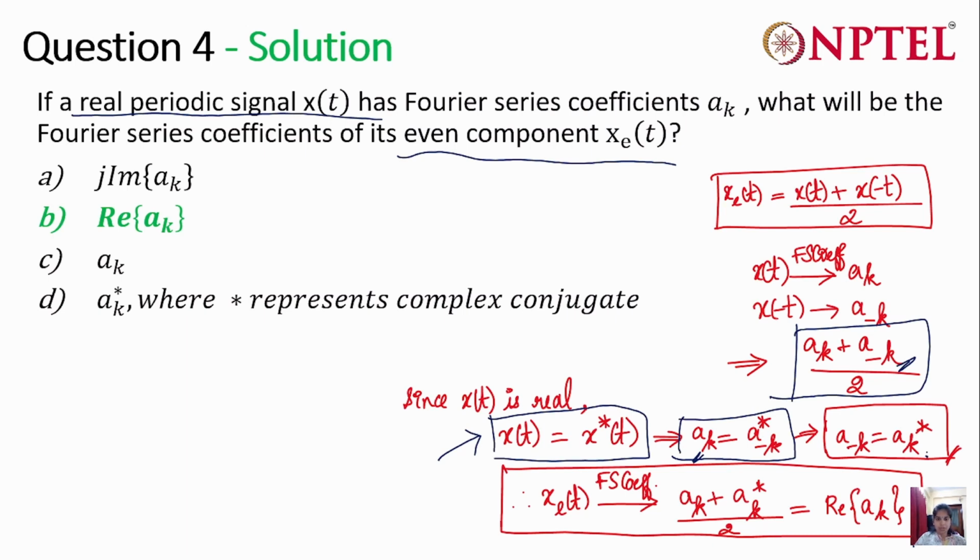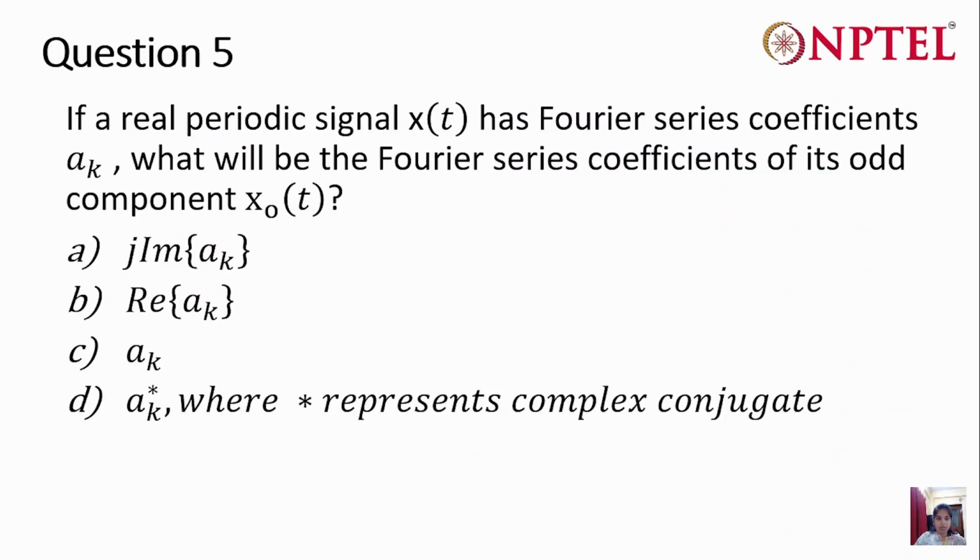Okay. We are moving on to the next question. Now it's a similar question, you just have to follow a similar approach. But here we are finding the Fourier series coefficient of its odd component. So how do we write the odd component?